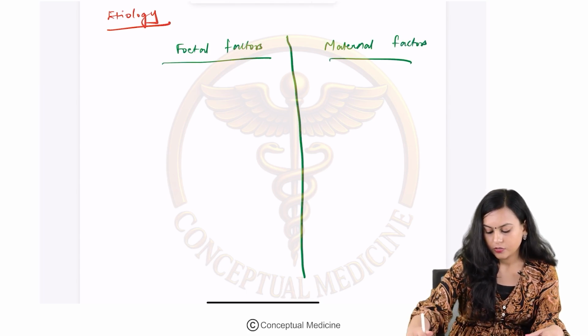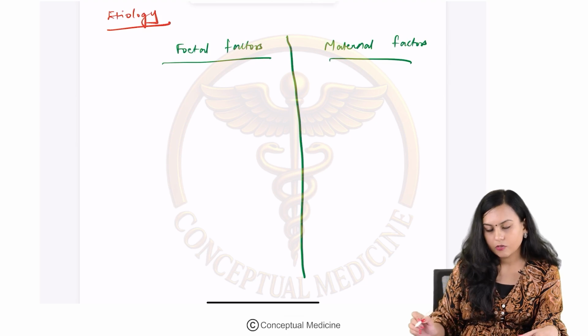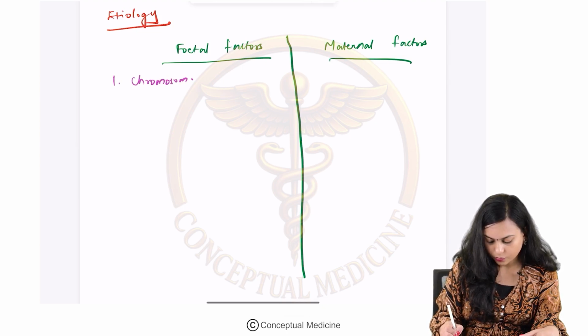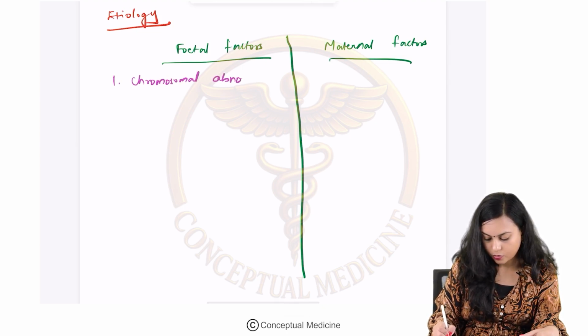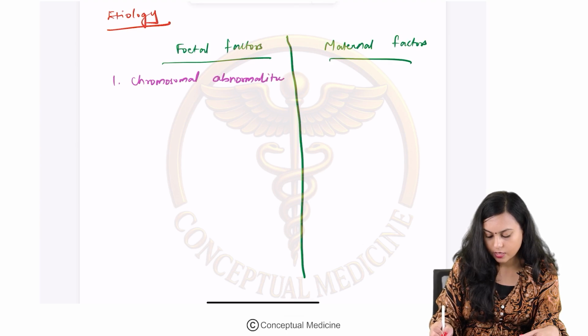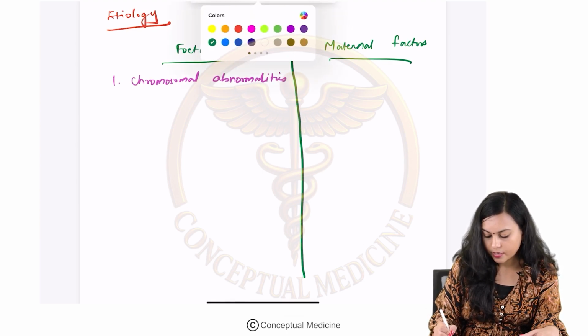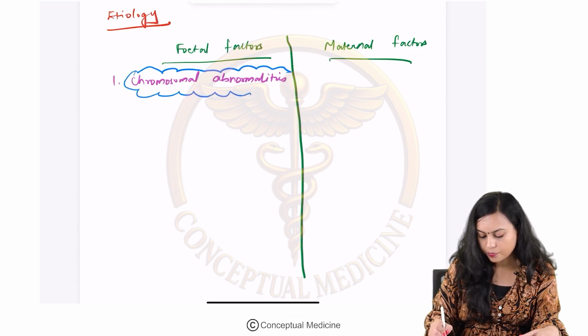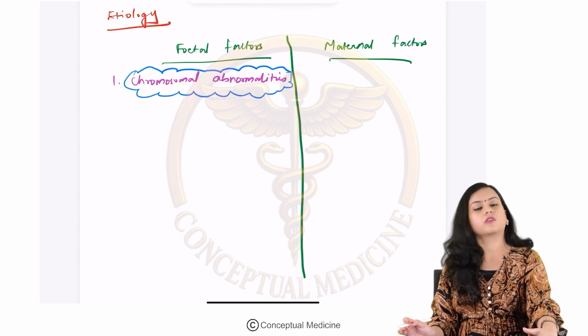We'll see one by one. Now the fetal factors include, number one, chromosomal abnormalities. Very important, this category is going to top all the causes.